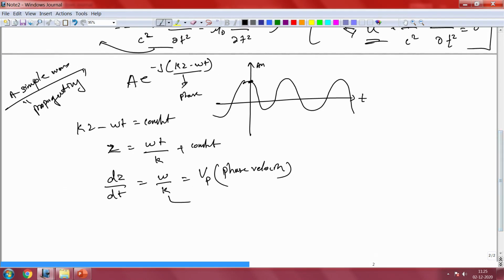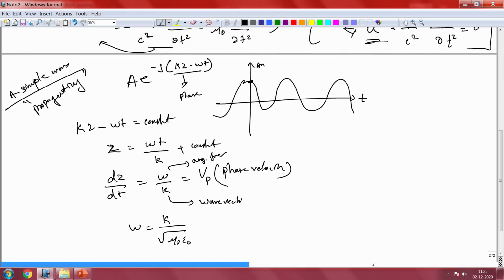So, this k is nothing but your wave vector, and this is your angular frequency. So, now the phase velocity actually links your angular frequency and your wave vector, right, and there are different forms that you can use this for various applications.